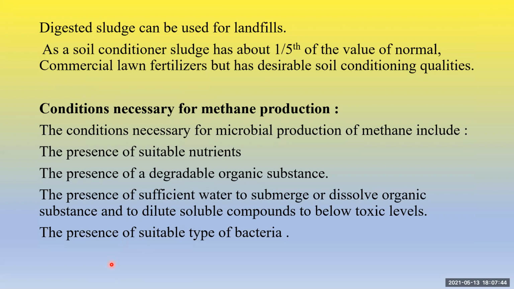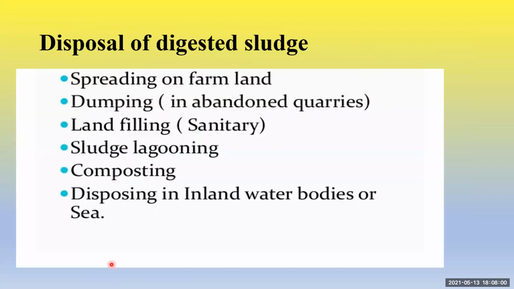All these conditions together support methane production, and hence anaerobic digestion of sludge takes place along with production of fuel gases like methane and hydrogen. Okay, so that is all about anaerobic digestion of sludge.